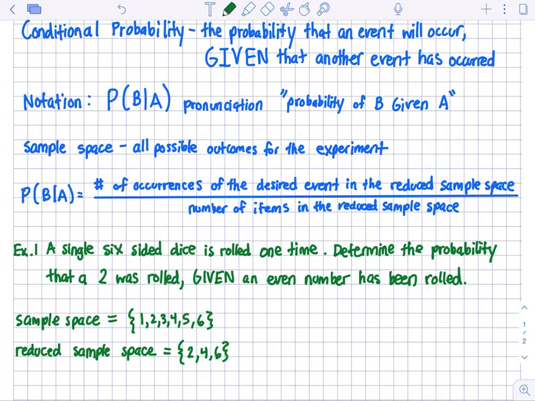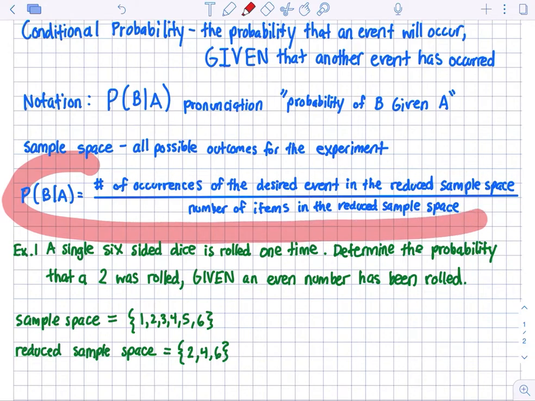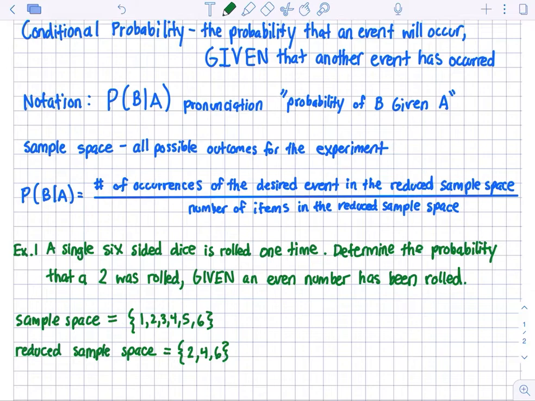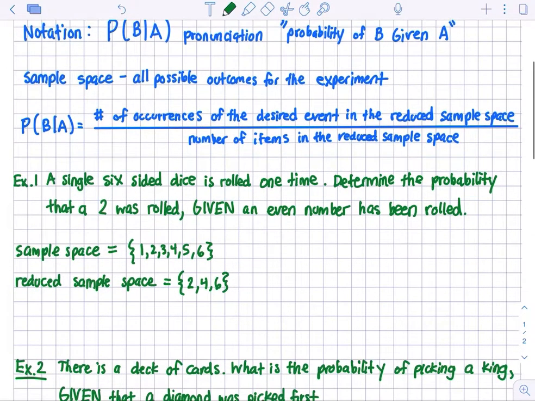Now when we look at the denominator, it says the number of items in the reduced sample space. We figured out that there are only 3 even numbers, 2, 4, and 6. So this probability is going to be out of 3. Then the top is the number of occurrences of the desired event.